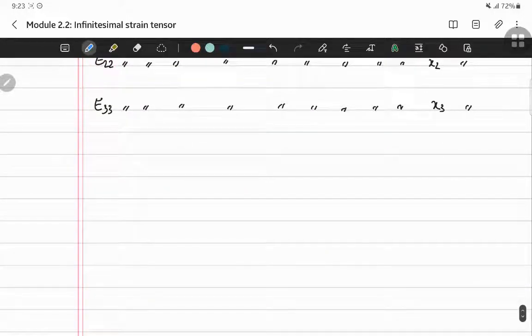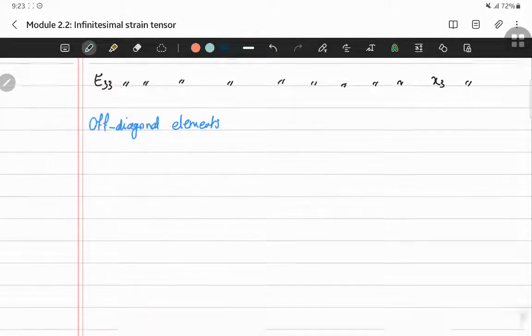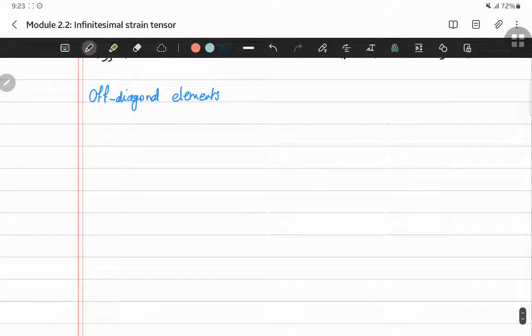So let's get to the off-diagonal elements. Suppose you have dx1 equal to ds1 m, for example, and dx2 equal to ds2 n.